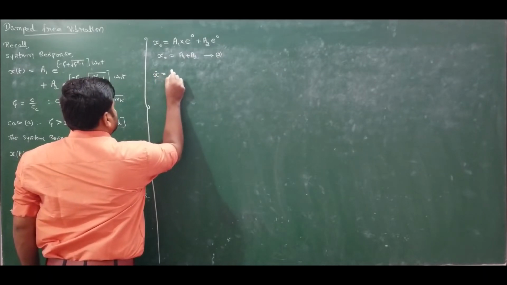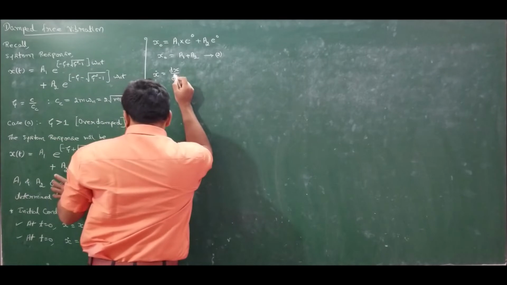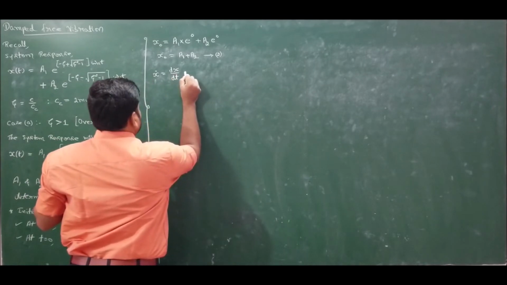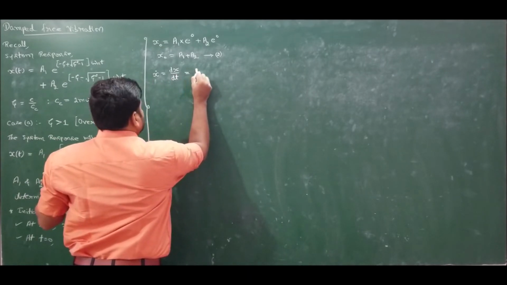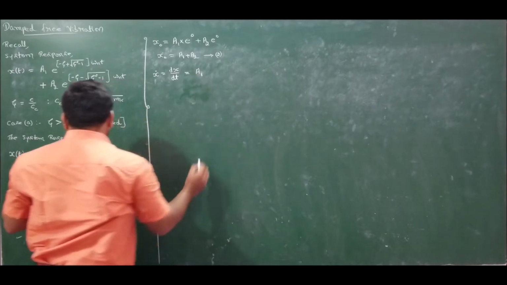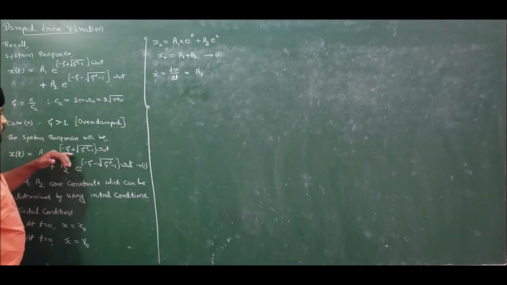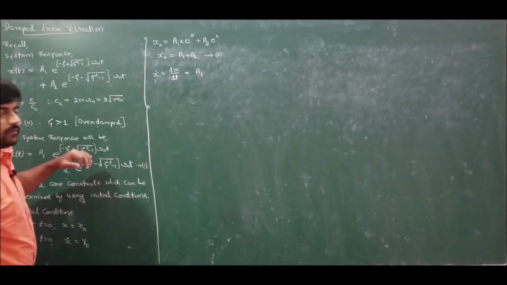That is, x dot is equal to the derivative of equation 1 with respect to time. a1 is constant, and the exponential is of the form e to the power of ax. The derivative of e to the power of ax is a e to the power of ax.